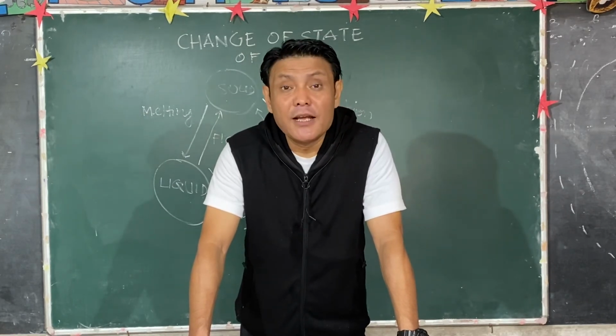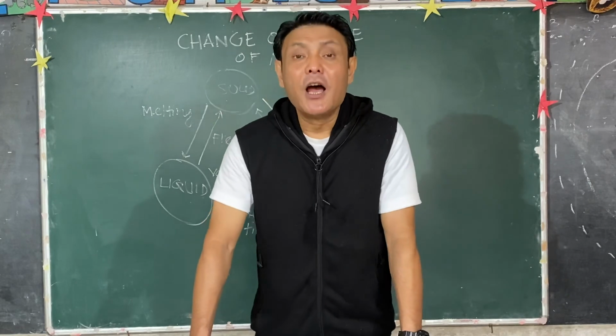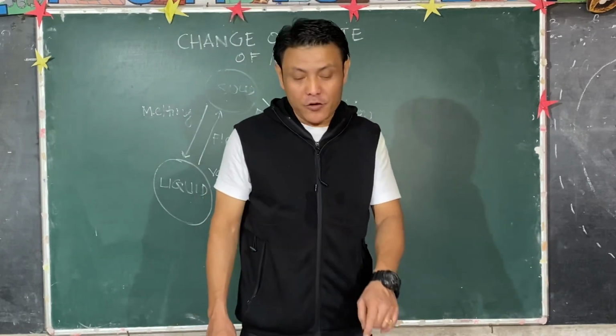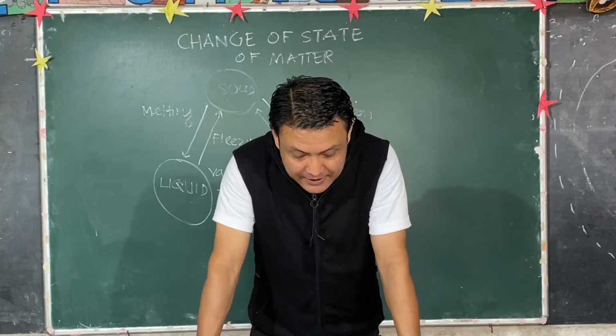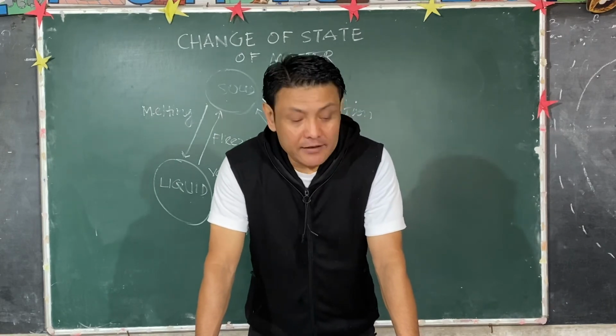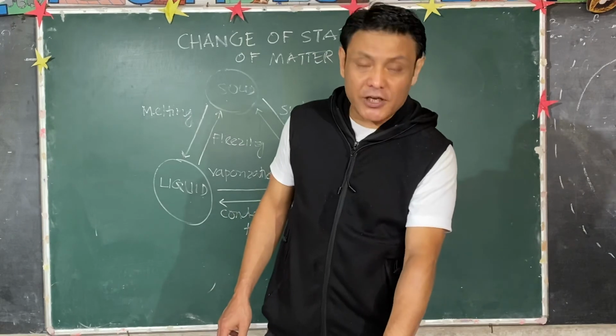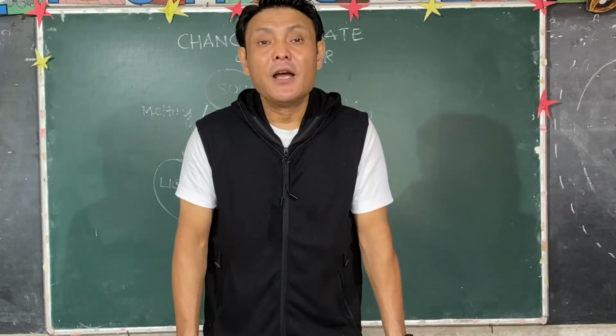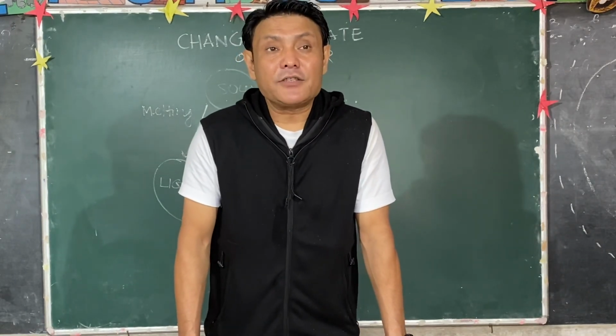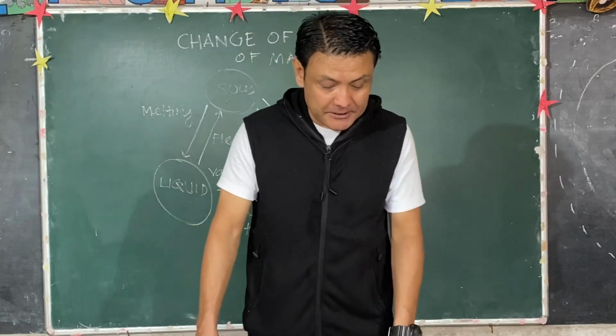So during respiration, a totally new substance is formed. Therefore, it is a chemical change. Rusting of iron, as I already told you, is a chemical change because a totally new substance is formed. Rust is iron oxide.